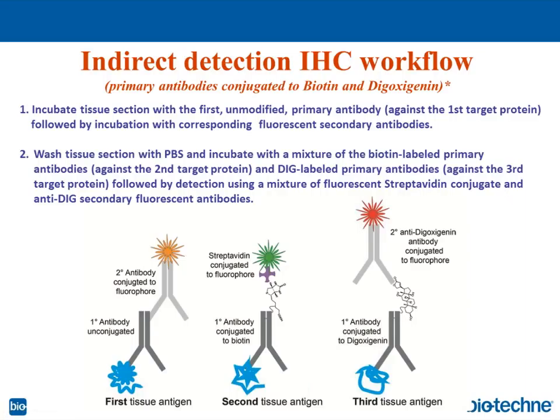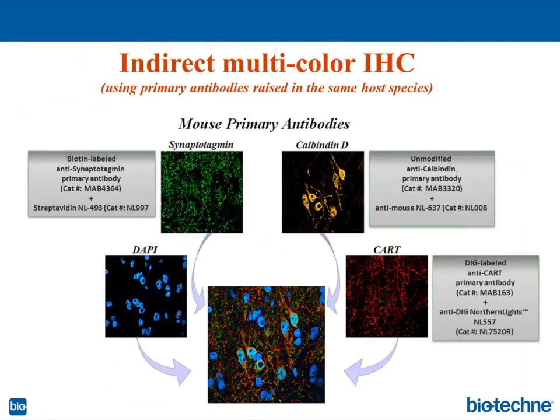This protocol works nicely with different primary antibodies raised in different species. For example, here is an example using mouse primary antibodies, staining in rat brain. Here we incubate first with calbindin D primary antibodies, unmodified.